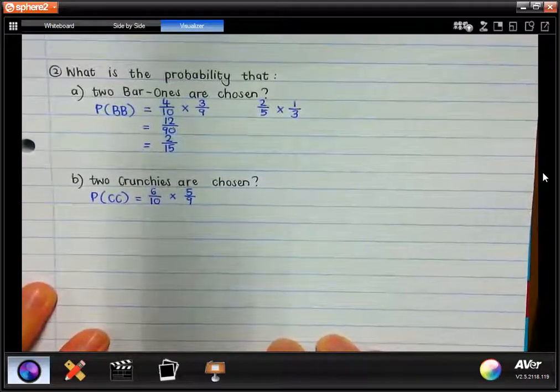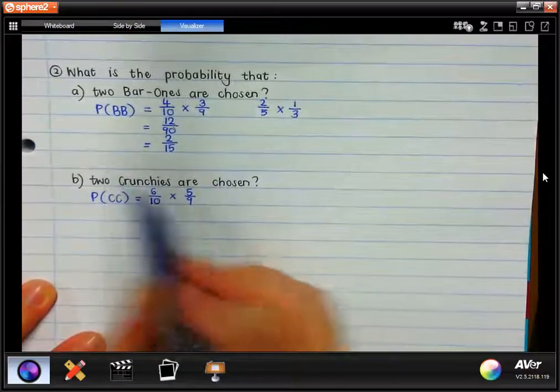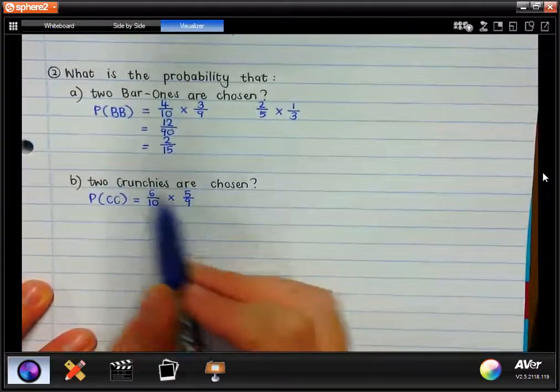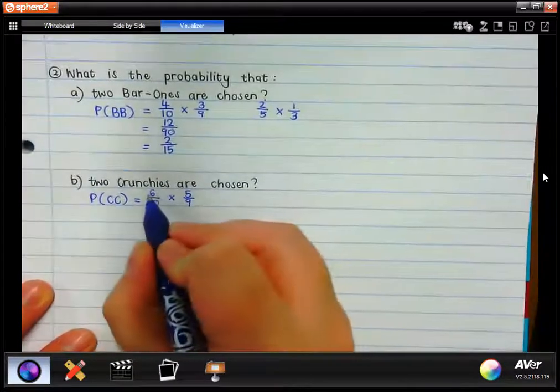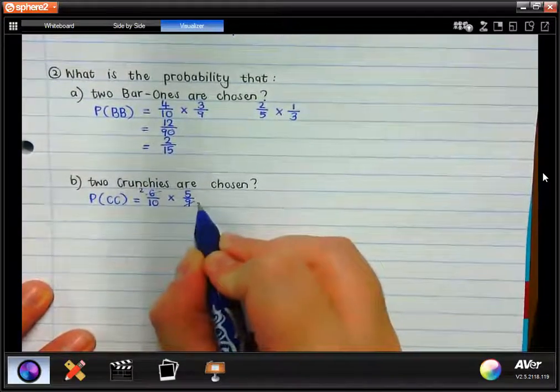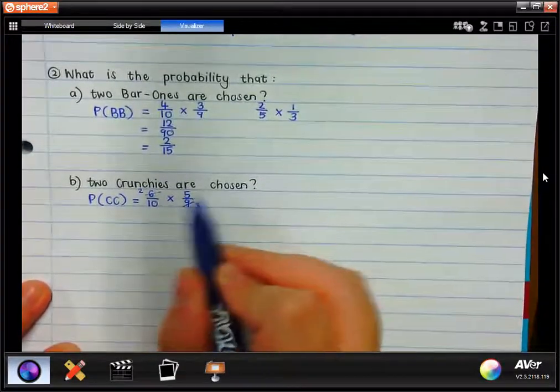Okay, let's see if we can simplify that before we multiply them. We can actually cross cancel quite nicely in this one. Hey, do we see with 6 and 9? 3 will go into both of them. Right? How many times does 3 go into 6? Twice, and into 9? 3 times. What about 5 and 10? 5 goes into both of them.